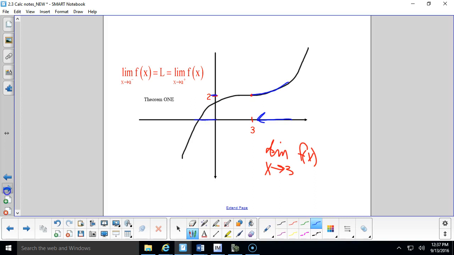As I come to 3 from the right, I'm approaching 2. As I come to 3 from the left, I'm coming to 2 also. So since the limit from the left is equal to the limit from the right, the limit exists and is equal to 2.